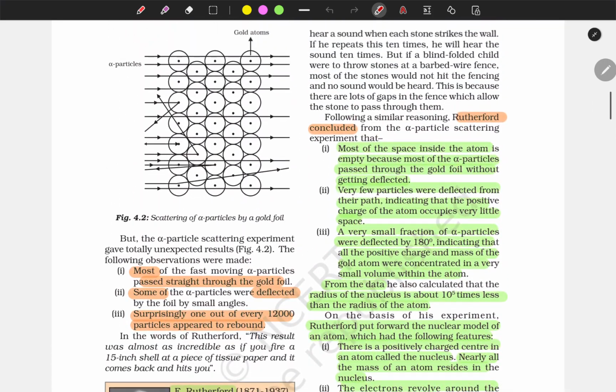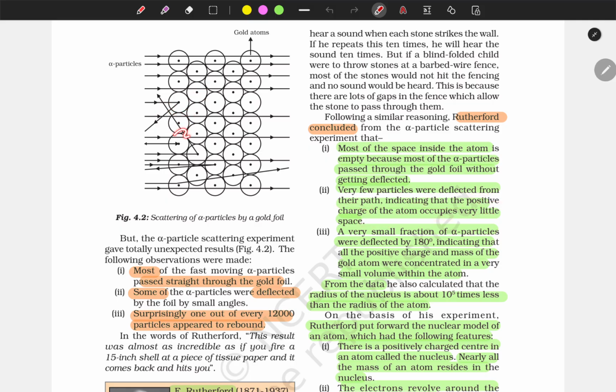So on the basis of this, he proposed an atomic model, and Rutherford concluded that most of the space inside the atom is empty, because most of the alpha particles pass through the gold foil without getting deflected. Second, a few particles were deflected from their path, indicating that the positive charge of an atom occupies very little space.